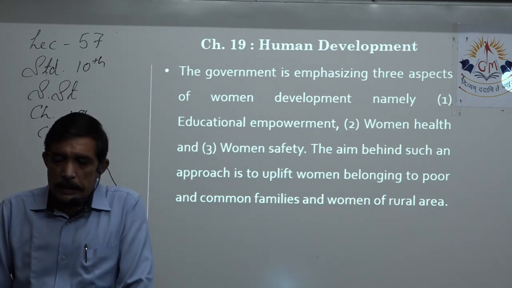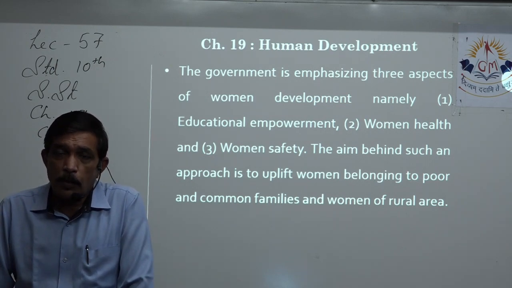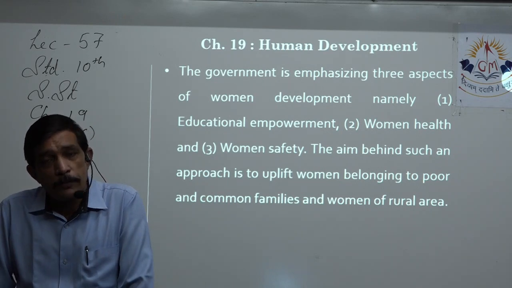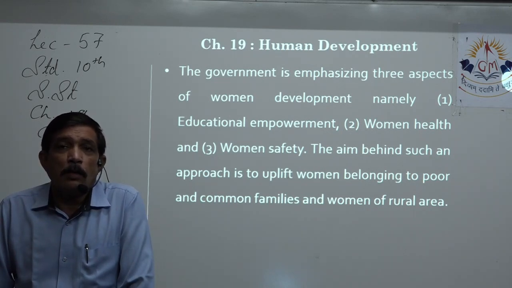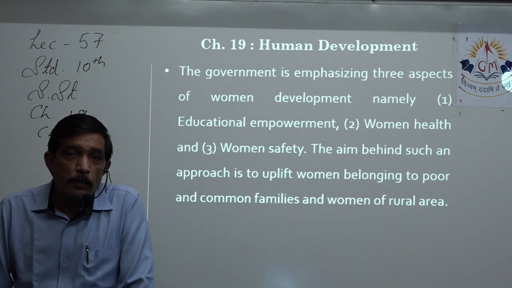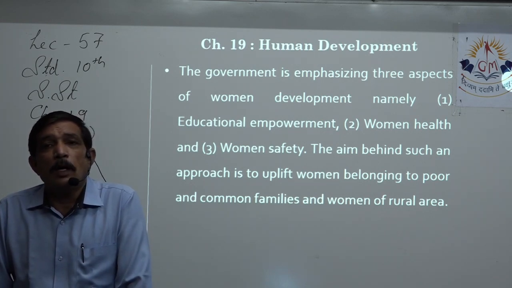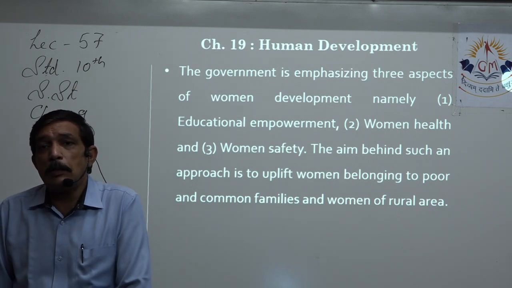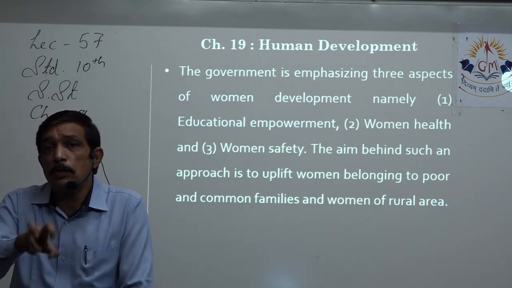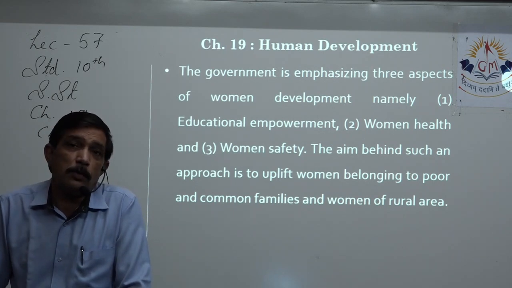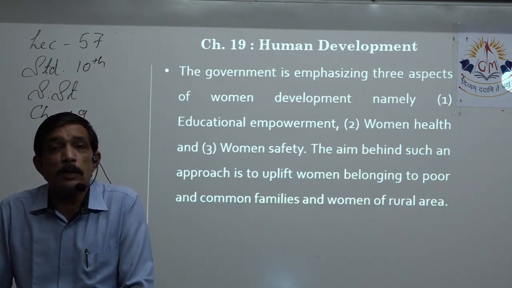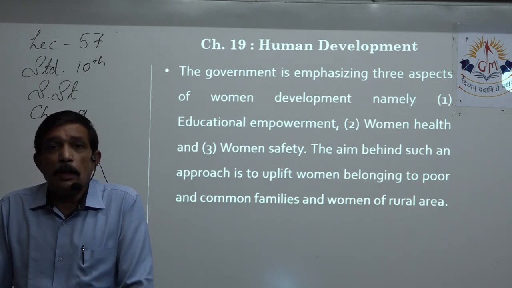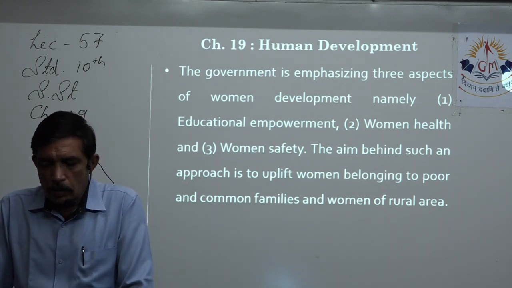So the second point is also very important: at the time of pregnancy, at the time of birth, or after the birth, nutritious food, regular medicine, health checkups, vaccines for the babies, etc. All these things have now become the duty of the government to help with, because society was not able to do that, so it becomes the duty of the government to forcefully enact it. Then last comes women's safety, which we will also be talking about.